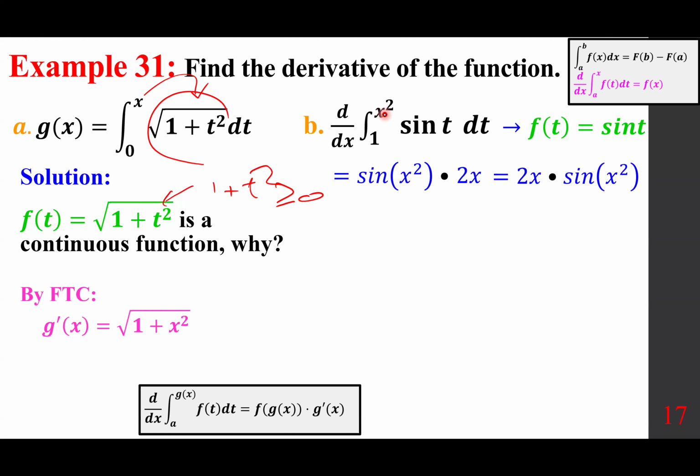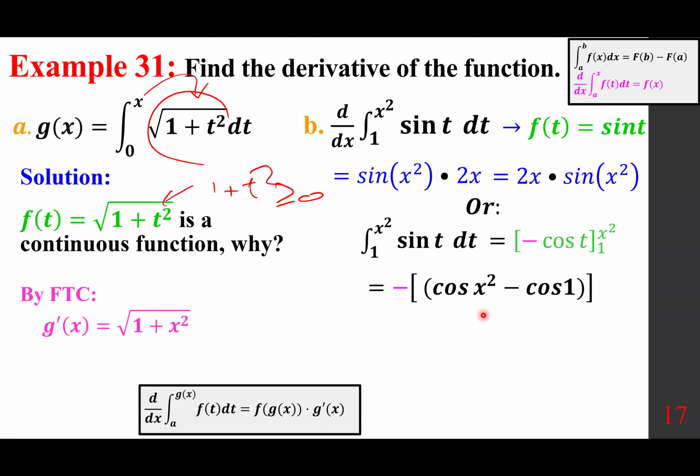Now I want to show you why it works in case you want to go the other way around and you want to use that. So the integral of 1 to x squared sine t dt, sine becomes minus cosine t from 1 to x squared. First evaluate this, then we're going to differentiate this. So minus, plug in, you get minus cosine x squared minus cosine 1. And bear in mind, cosine 1 is just a number. So we have minus cosine x squared plus cosine 1.